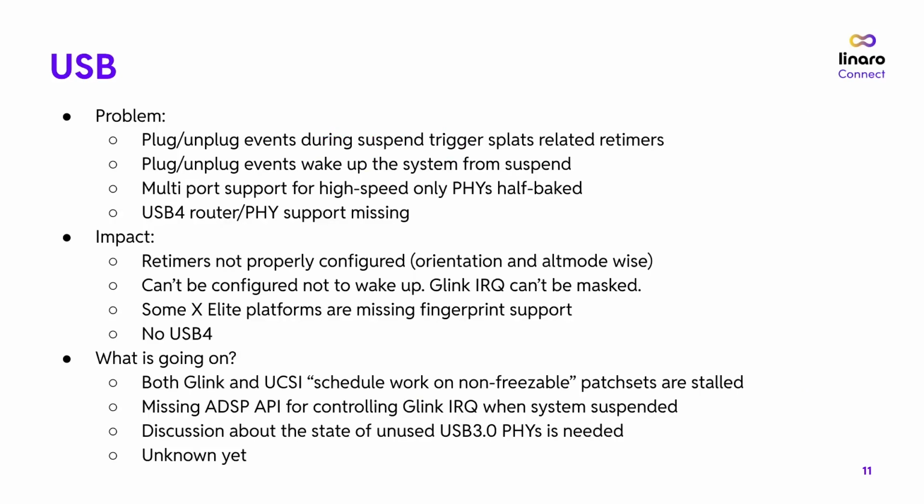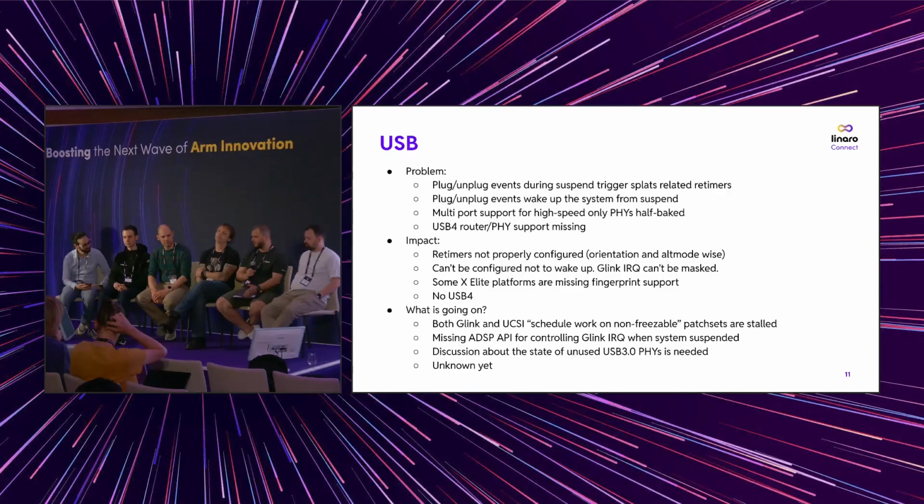Let's pick some of those because it's a long story. If you unplug or plug an external display during suspend, that triggers a splat, because the I2C controller that the Parade redriver is tied to has not yet resumed.